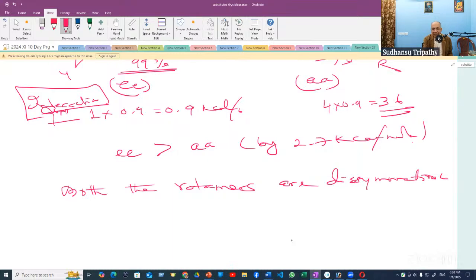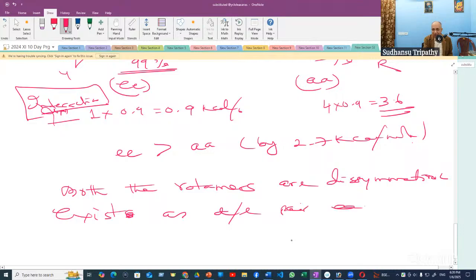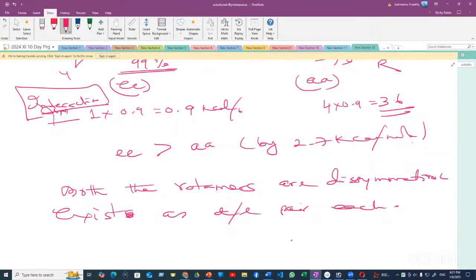and exist as a DL pair each. So how many optical isomers are there for the trans compound? Trans 1, 2 disubstituted. Sir, two.